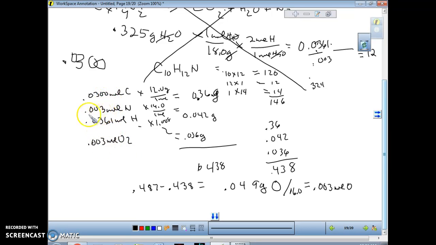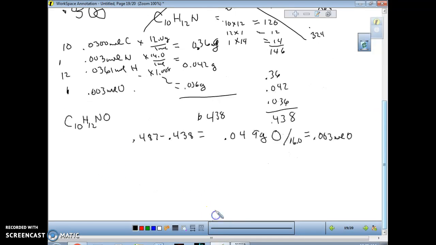We'll divide by 0.003. This is going to be 1, 1. That's going to be 12, and that's going to be 10. So we're going to have C10 H12 N O. So if you'll look at that, that's really nice. That's going to give you that compound.